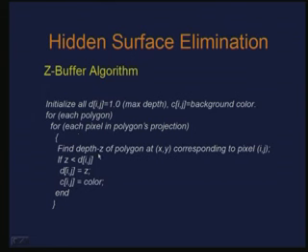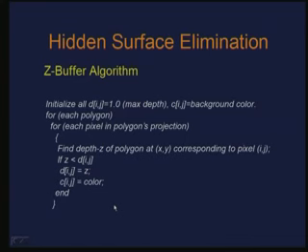Find the depth z of the polygon at x, y corresponding to pixel i, j, and if this z is less than the stored value of D(i,j), I update the depth buffer and the color buffer or the frame buffer, right. So, that's the algorithm, fairly simple.